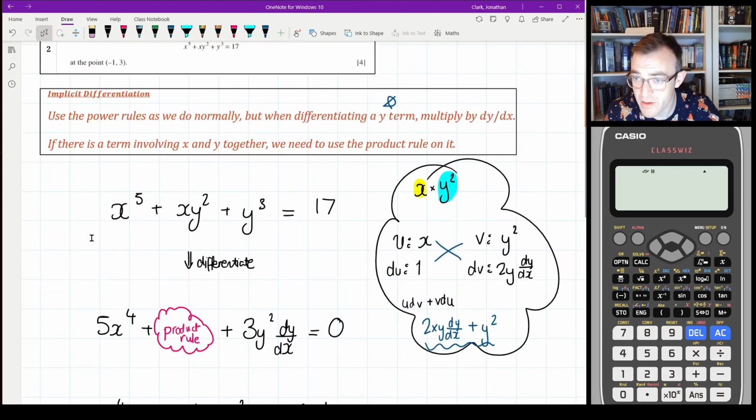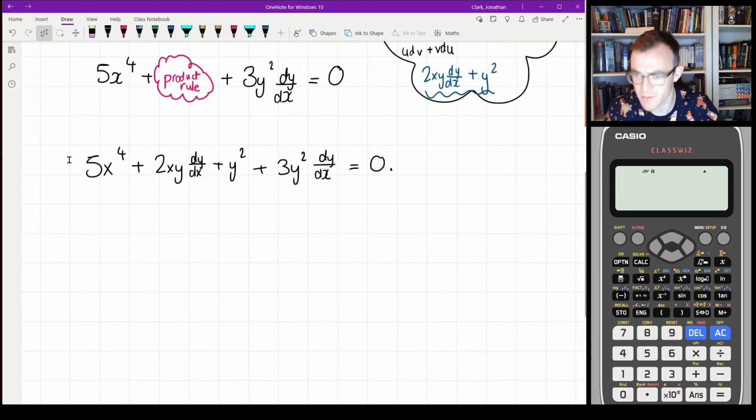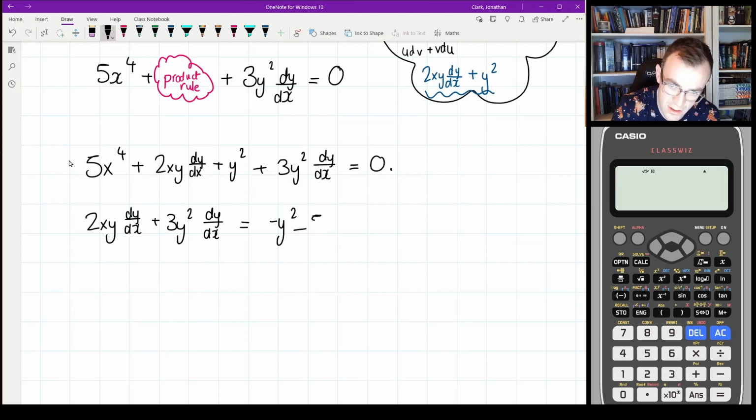Now, you can plug the numbers in at this point if you want to. I'm going to rearrange to make dy/dx the subject first. So I'm going to take over any term that doesn't include dy/dx. I'm going to keep the 2xy term, and I'm going to keep the 3y squared term. The other bits, y squared is going to go over here, and so is 5x to the 4.